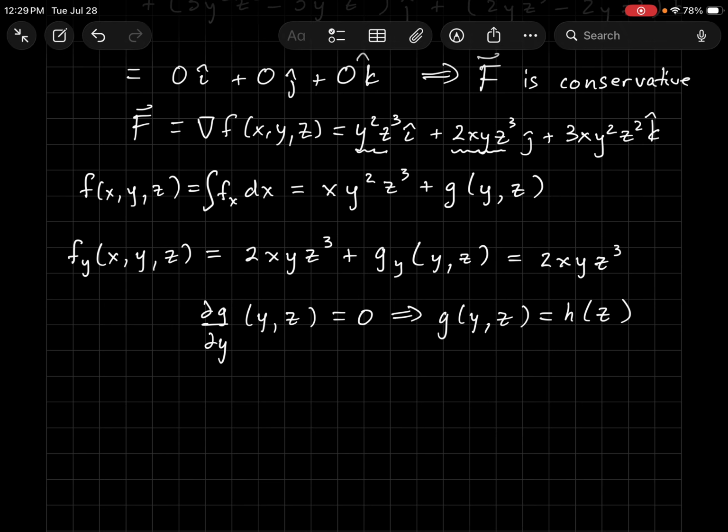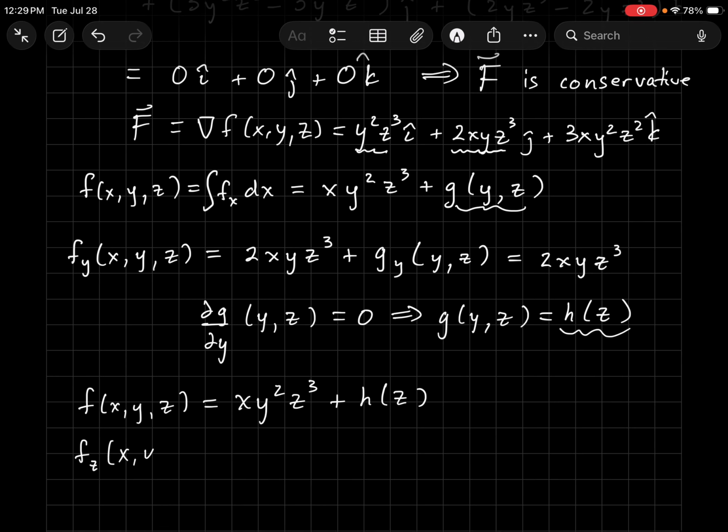All right, so let's do one more. Actually, let's rewrite this up here. We have f of xyz is now xy squared z cubed plus h of z, right? Because g of yz is h of z only. And if we take the partial of this with respect to z, we get 3xy squared z squared plus h prime of z.